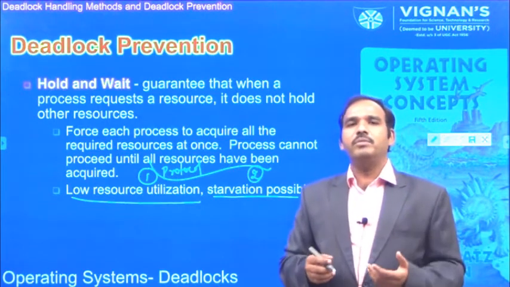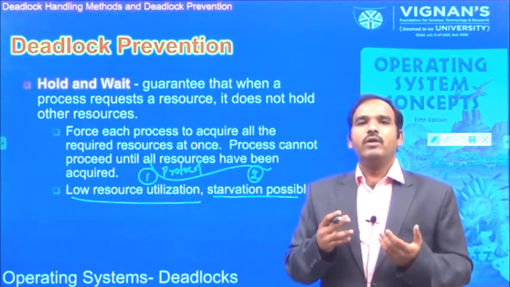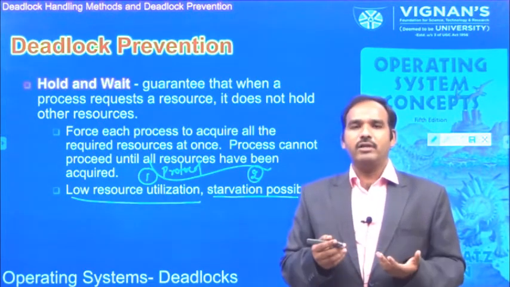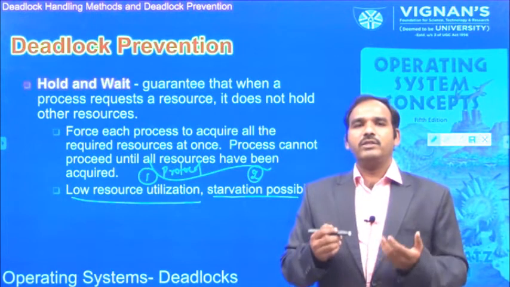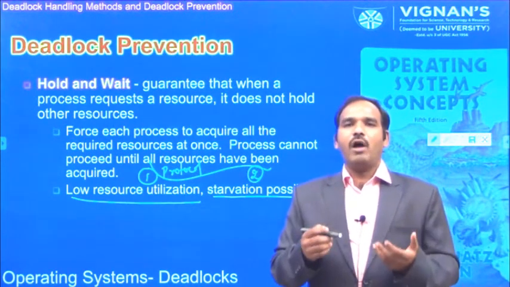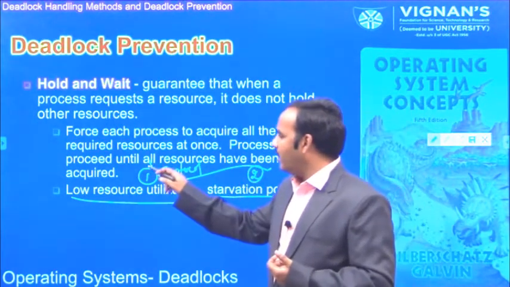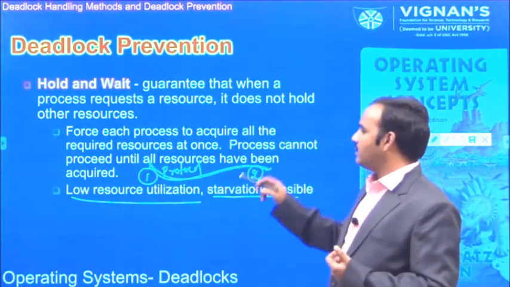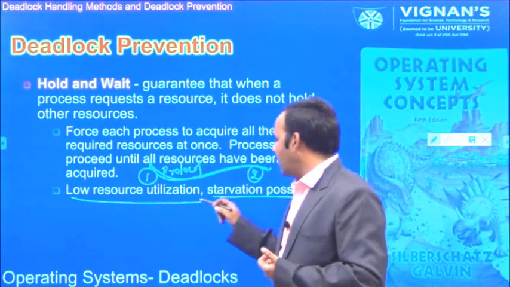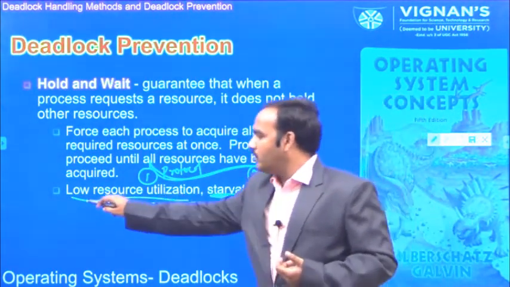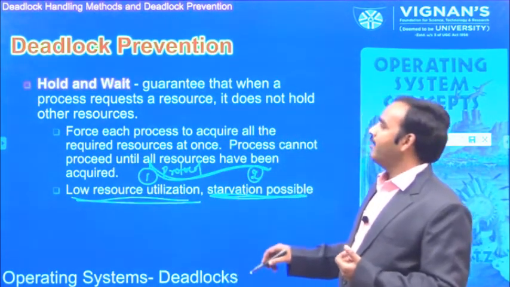All the processes waiting for that resource are in starvation. So these two protocols may lead to two disadvantages: one is low resource utilization, another is starvation. These are the two possibilities of hold and wait.